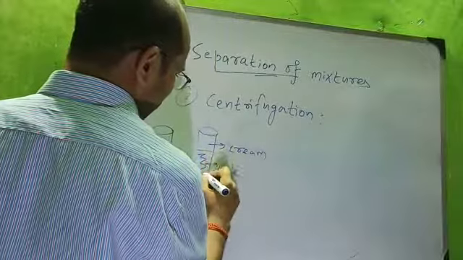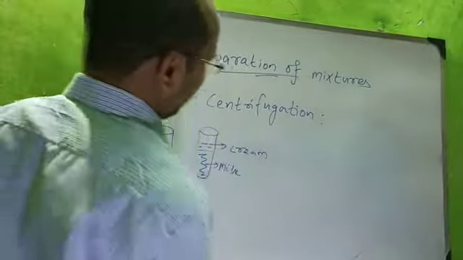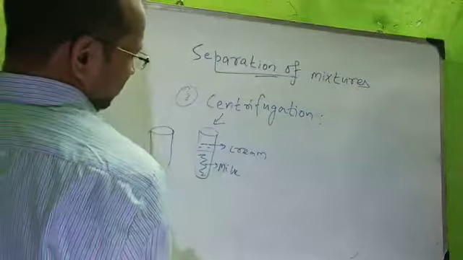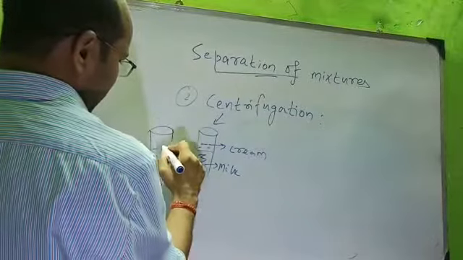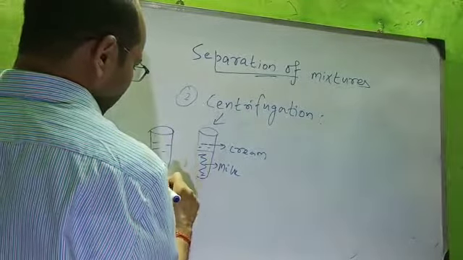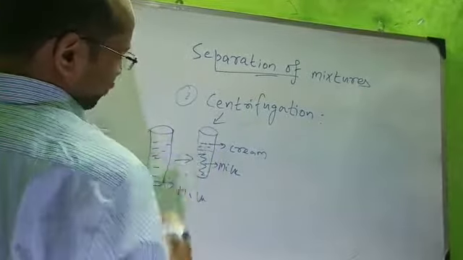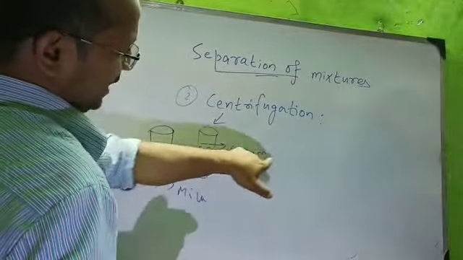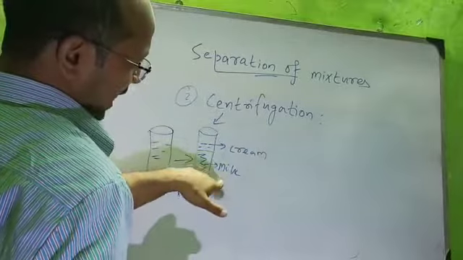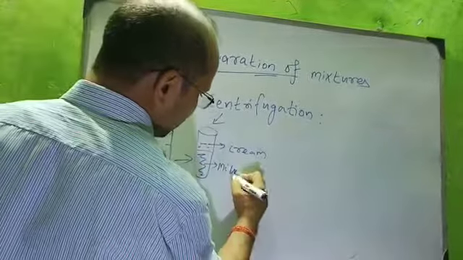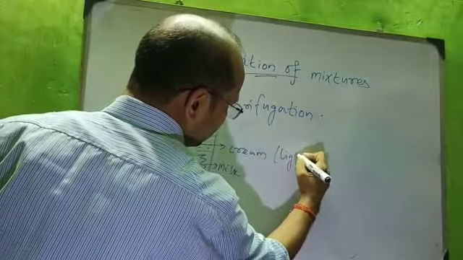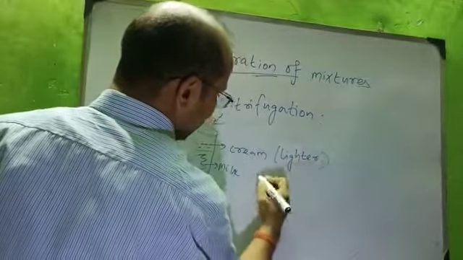After the process of centrifugation, we'll get cream at the top and milk at the bottom. Why? Because cream is lighter and the milk is heavier.